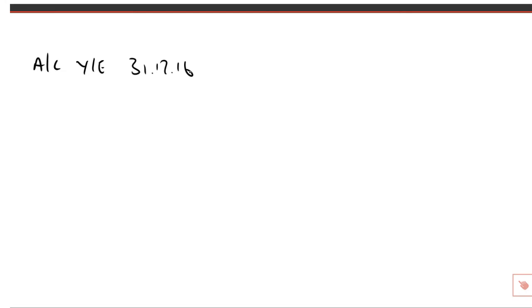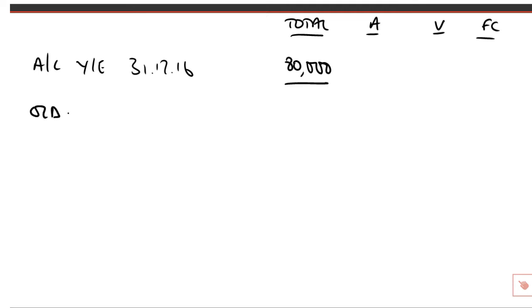And we need, of course, a total column, and the total tax adjusted trading profit for that accounting year end was £80,000, we are told. And we will then need a column for each of what will now be 3 partners that have been partners at some point anyway during that accounting period. So first of all, we look at the old agreement. Now that was in force from the 1st of January 16 through to the 30th of June 16.